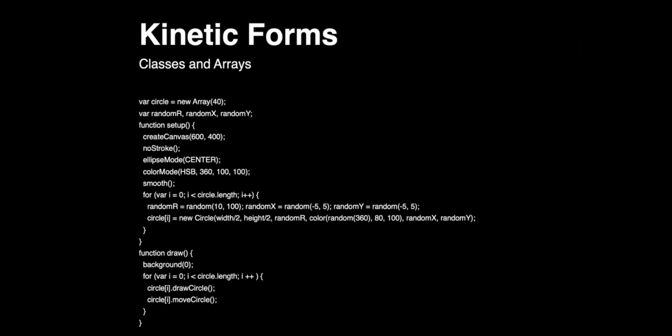To use it, we are basically going to create an array of circles, an empty array of circles. In this case, at the top, we're saying, okay, var circle equals new Array(40). That's creating an empty array with 40 places in it, so we could have 40 circles being pushed into that array.